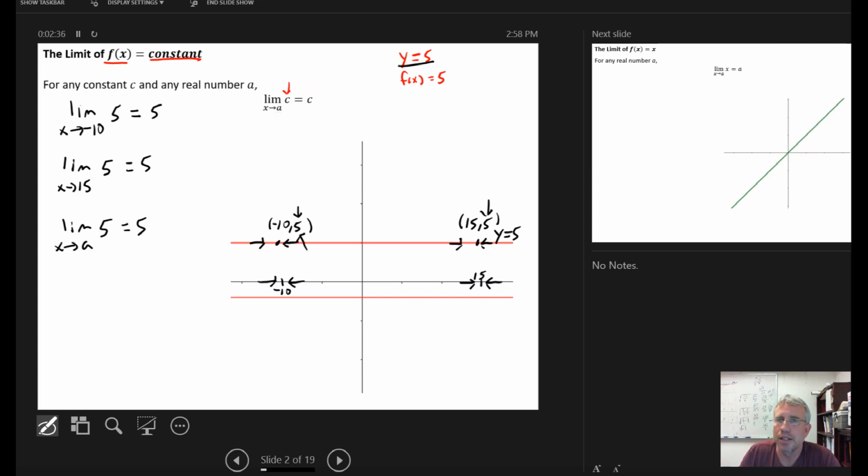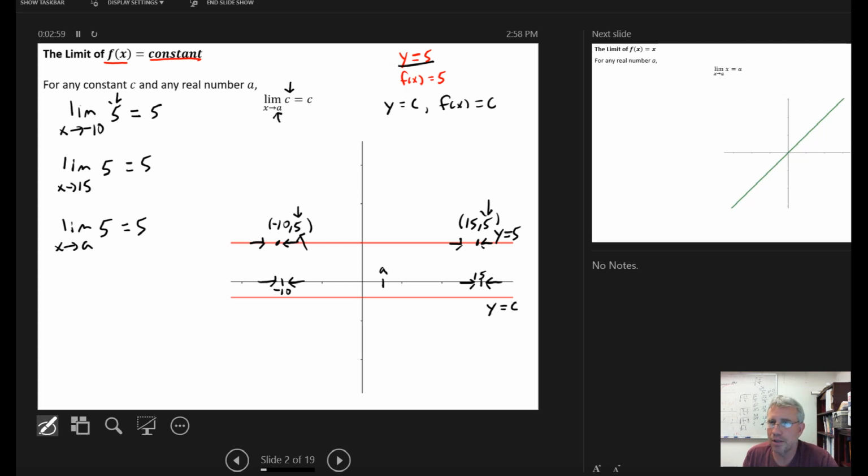So generically then, we don't want to have to talk about a specific value like 5. If the function is y equals c, or f of x equals a constant c, where maybe this red line here represents y equals c, you pick any value a that you want.